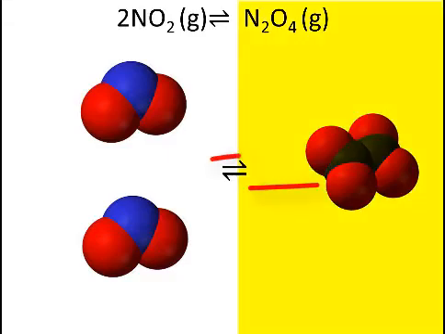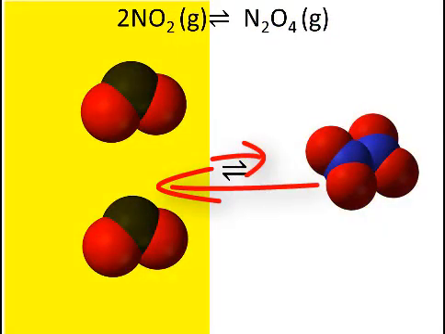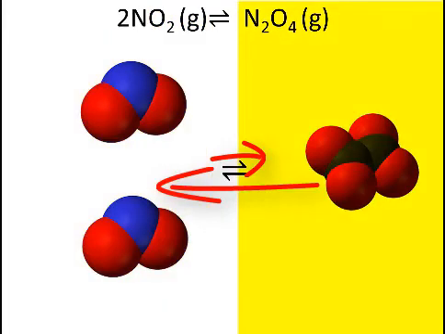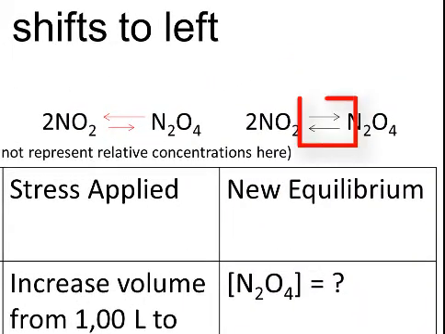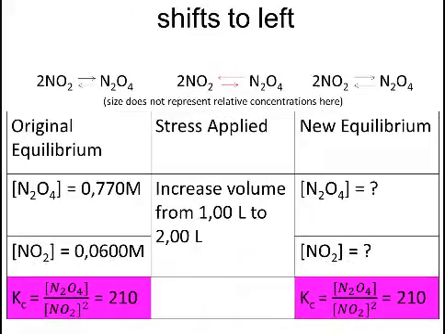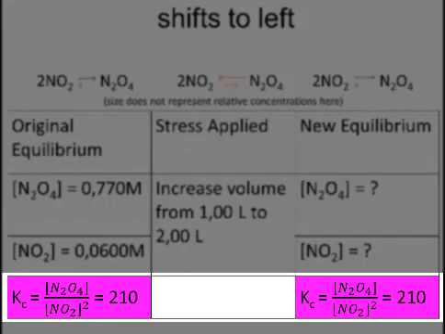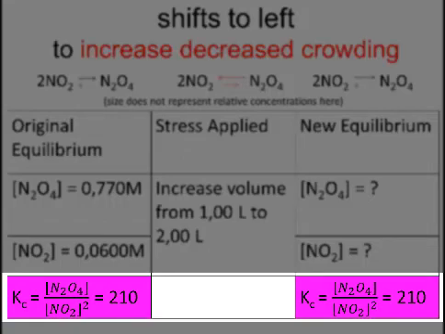So more of the N2O4 molecules would split into twice as many molecules, into pairs of NO2 molecules, and those pairs would populate the newly available space better than when they were squashed together in N2O4. And after a while, a new equilibrium would be established. In other words, the rates of forward and reverse reactions would again be equal to one another, and that equilibrium would have a constant equal to the original equilibrium constant.